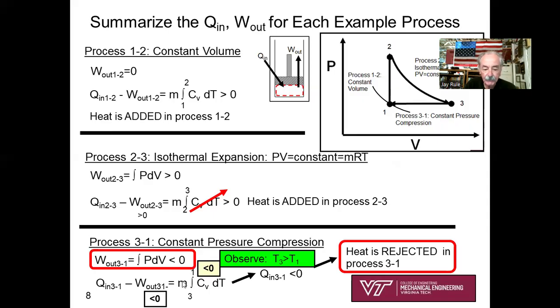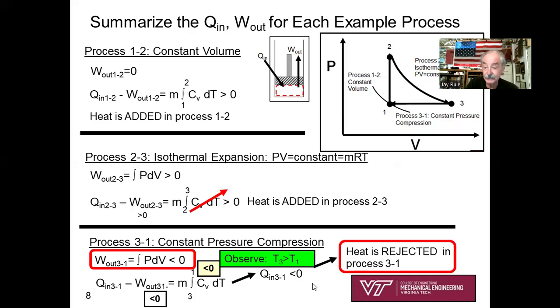However you do this integral, you're going to get a negative number. We're going to add a negative number to both sides. And so my claim in your review is that Qin from 3 to 1 is going to be a negative number, and we're going to write down heat is rejected in process 3 to 1. Heat is rejected. Qin is a negative number.